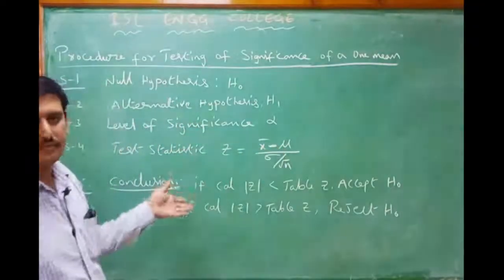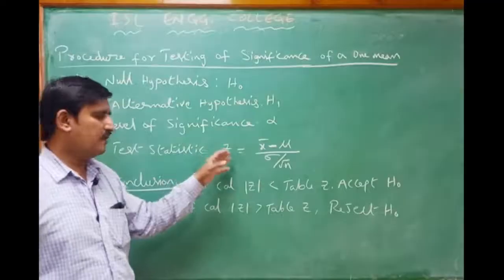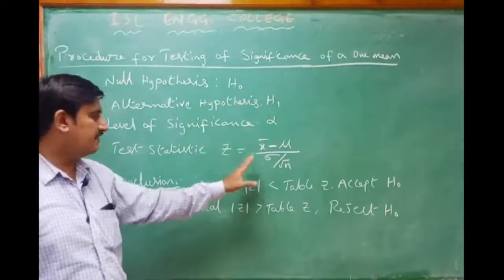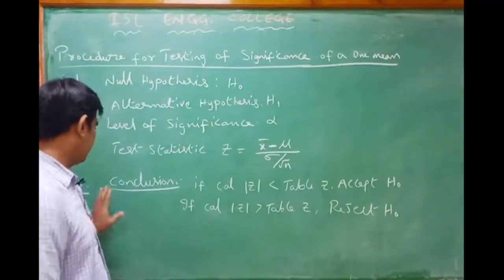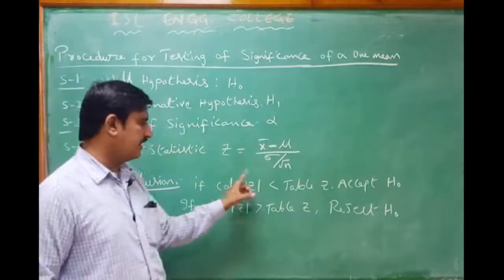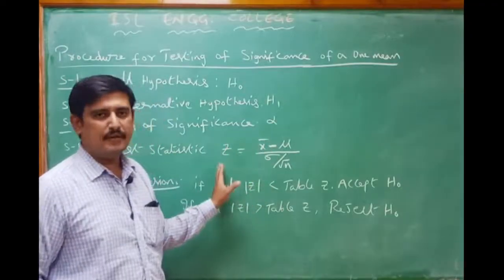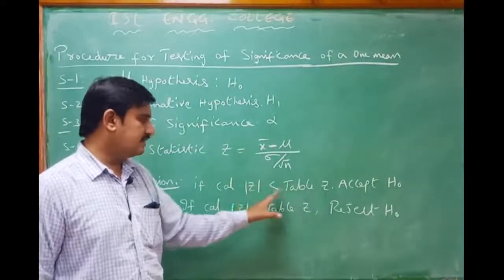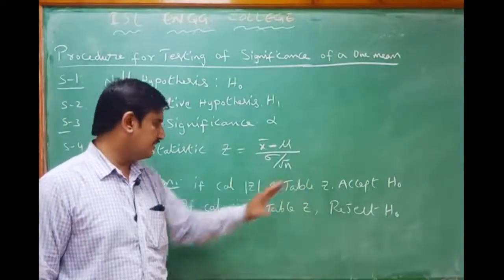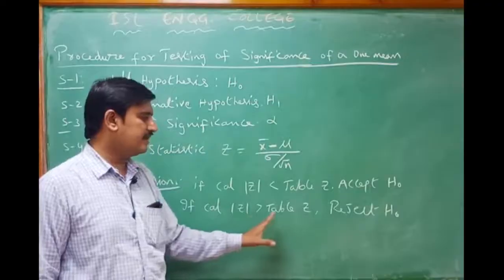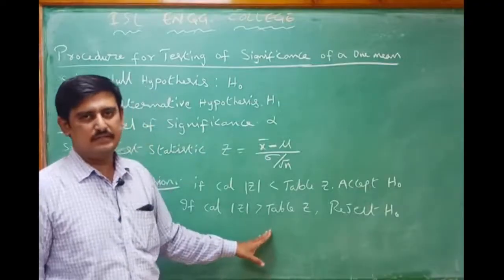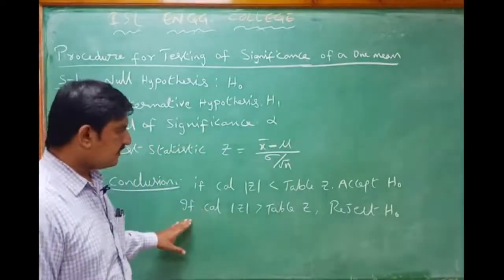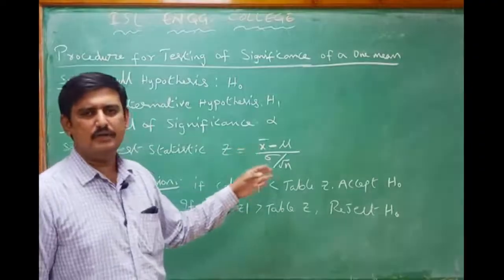We have different formulas for two means, and a different formula for difference of standard deviations. Then for the conclusion, compare the calculated value with the table value. If the calculated value is less than the table value, accept H0. If calculated z is greater than table z, reject H0. Correct? So let us see one small example, then you will understand.